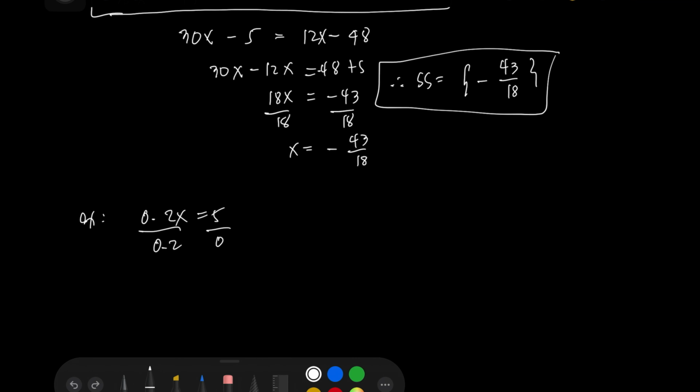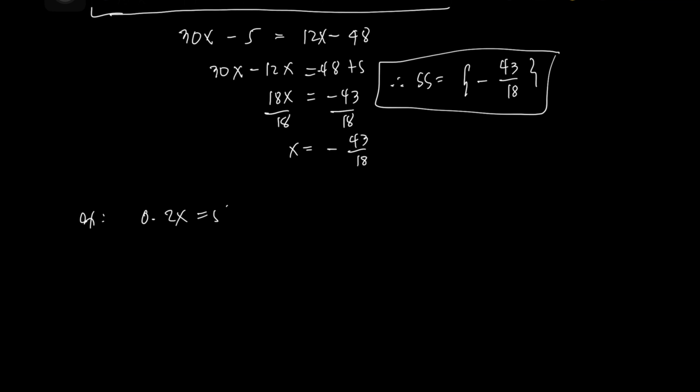What does it mean? We have 0.2x = 5. So to eliminate 0.2, we can just multiply by multiples of 10. Remember, our decimal is 0.2. There is only one number after the decimal.